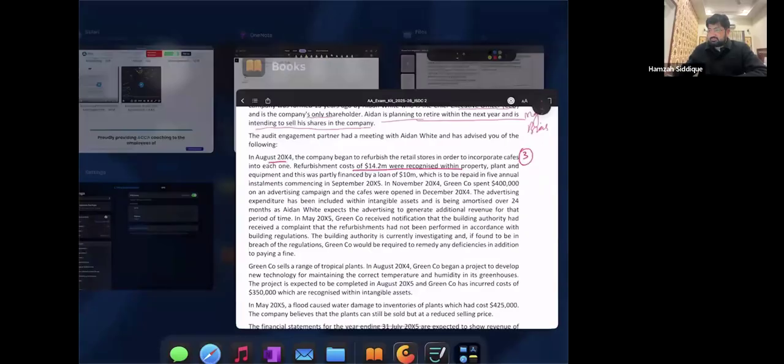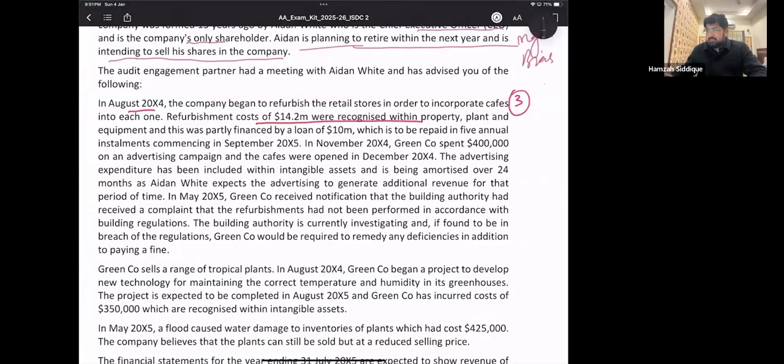Now, the next point. That this was partly financed by a loan of 10 million, which is to be repaid in 5 annual installments. You see? Repetition, I told you repetition. What is the risk? You need to explain it.